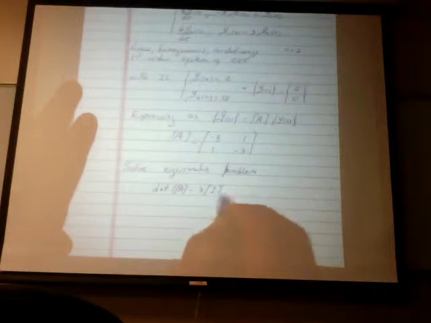All right, so we're going to solve the eigenvalue problem. The determinant of A minus lambda I must be equal to 0. So the determinant of the matrix minus 3 minus lambda, 1, 1, minus 3 minus lambda must be equal to 0.